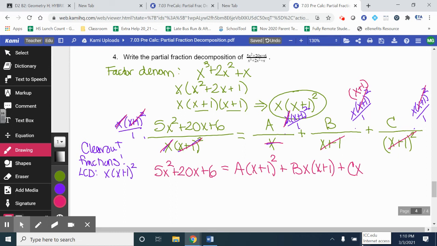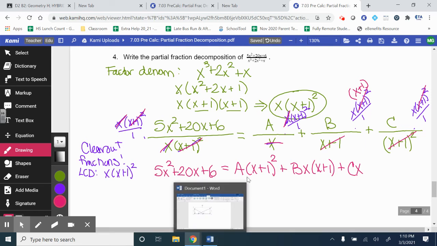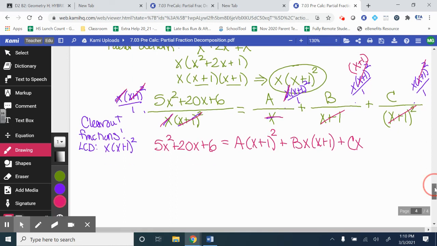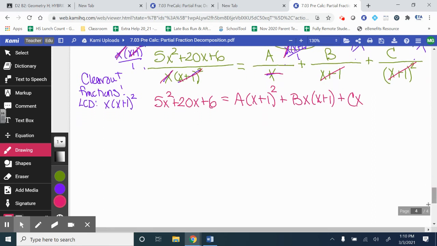Now, my goal here is to match up the right-hand side with the left-hand side. So I want to find the coefficient of x squared, the coefficient of x, and what my constant is. To do that, we're going to have to expand everything over here and combine some like terms and see what we get. So pause the video and see if you can do some of that on your own. You're going to want to FOIL some things out, distribute, go as far as you can, and then check back.